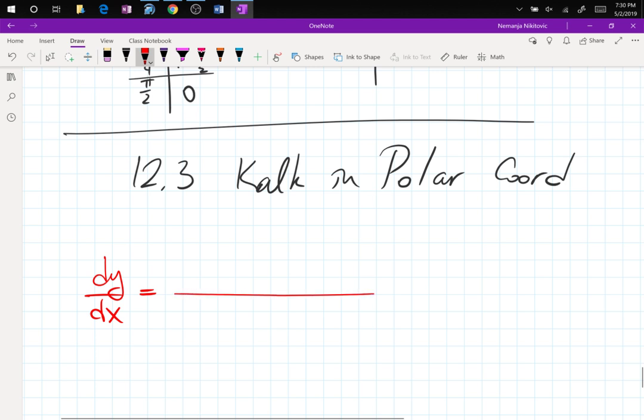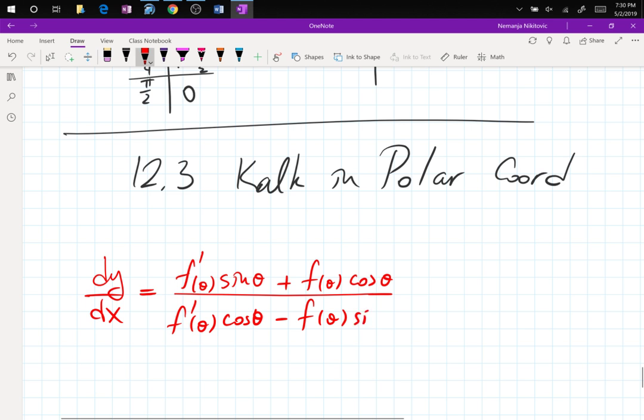This would be f prime of theta sine theta plus f of theta cosine theta divided by f prime theta cosine theta minus f of theta sine theta.